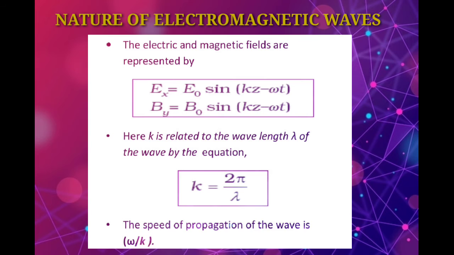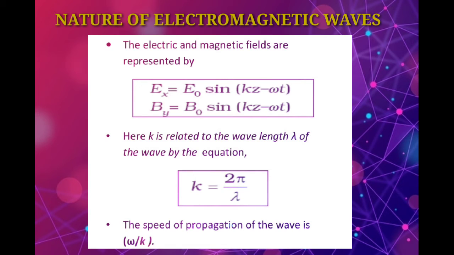And in the case of electromagnetic waves, the electric and magnetic fields are represented by Ex equal to E0 sin(kz minus omega t), and the magnetic field By equal to B0 sin(kz minus omega t).